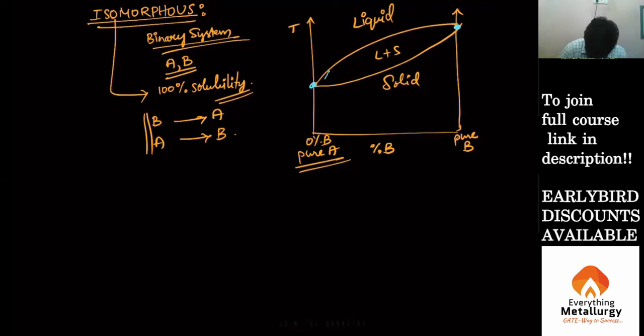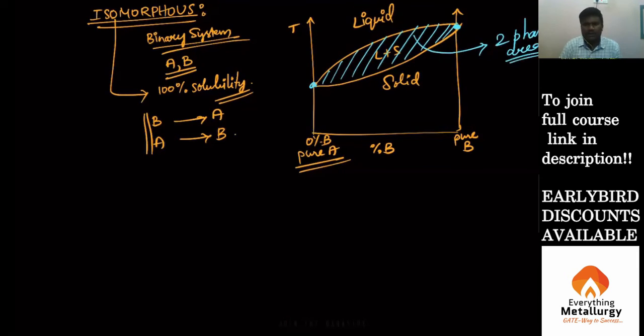In our graph, this is a two-phase area. Liquid is a phase and solid is a phase, so that is a two-phase area. Now we are interested in calculating how much liquid and how much solid is present, because there are two phases here and we want to study them. How do we do it?